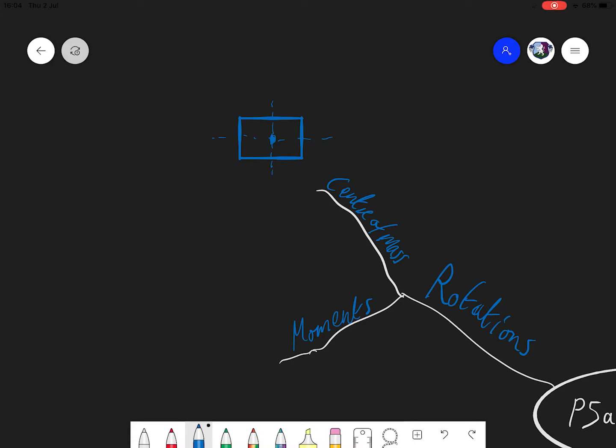But remember, if you're trying to find it for an irregular shape, you're normally going to do an experiment suspending the shape from different corners or different points and hanging a plumb line to find the line of the weight.